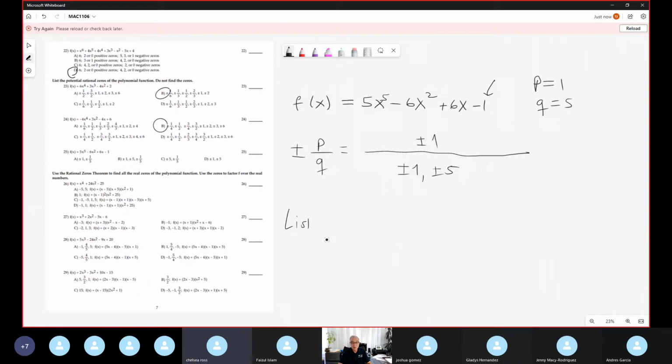The list of the potential rational zeros is plus or minus 1 and plus or minus 1/5. That corresponds with option A. I guess so. That one. Any question?